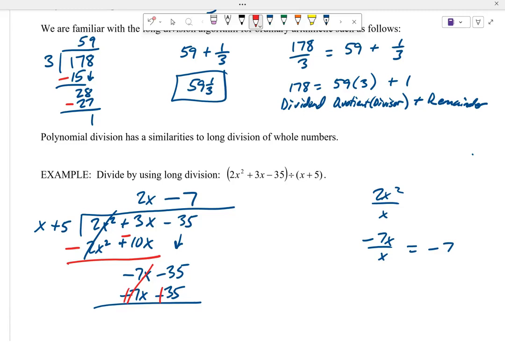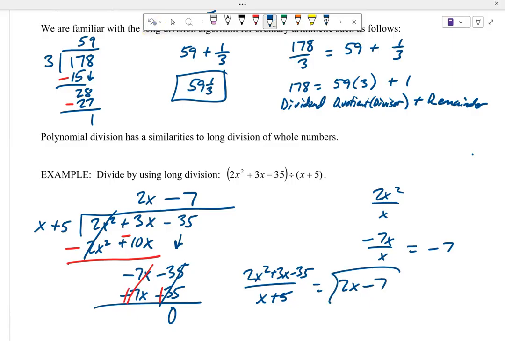And then negative 35 plus 35, that's also gone. So it looks like I have no remainder here. So 2x squared plus 3x minus 35 divided by x plus 5 is just that quotient, 2x minus 7.